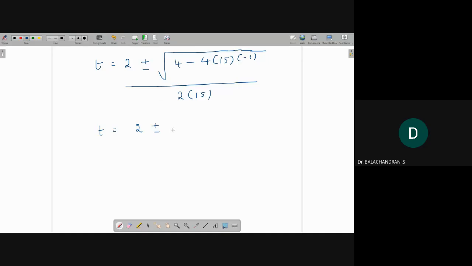So 2 plus or minus 2, this is what? 64 divided by 30. So t equal to, this is 8 divided by 30.